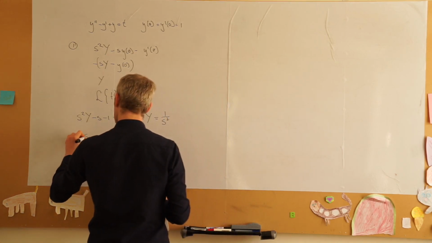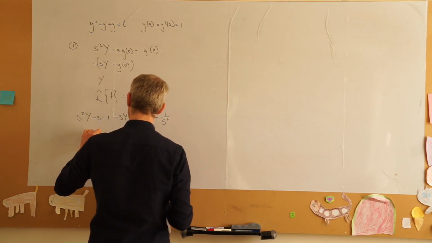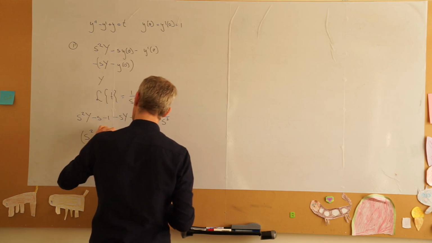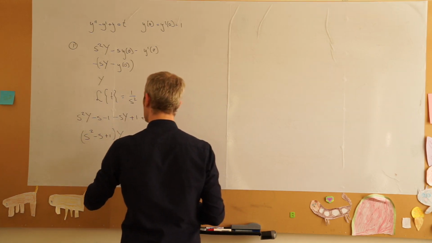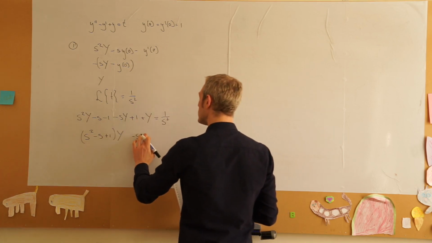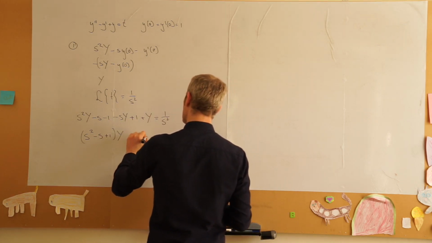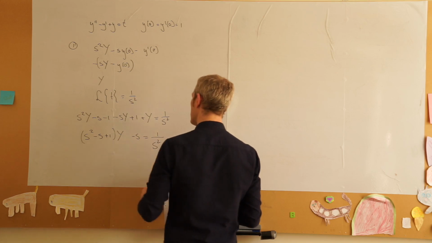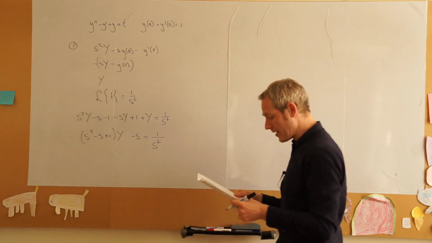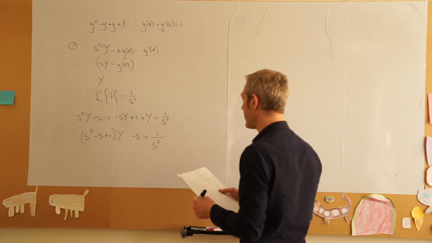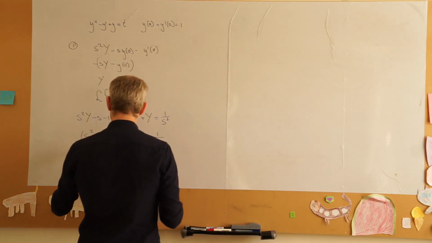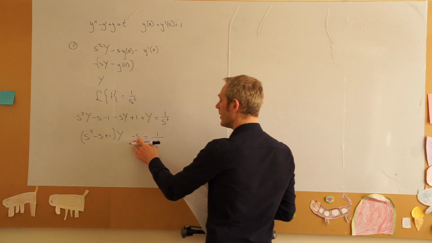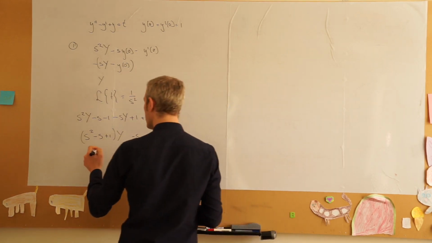And we have s squared minus s plus 1 times Y minus s minus 1, minus 1 plus 1, so these cancel out, is equal to 1 over s squared. Now almost there. So I'll move this minus s to the other side.